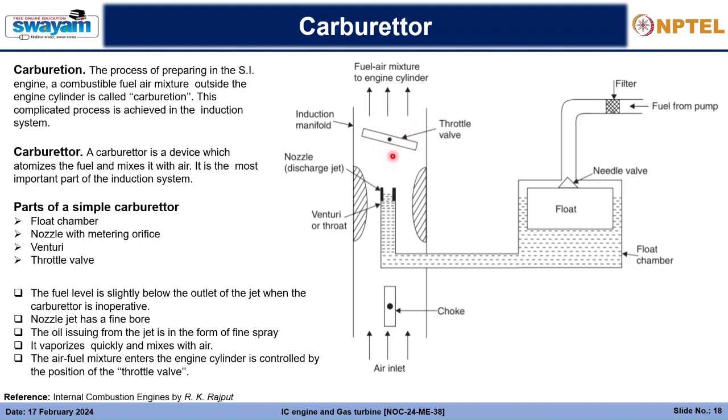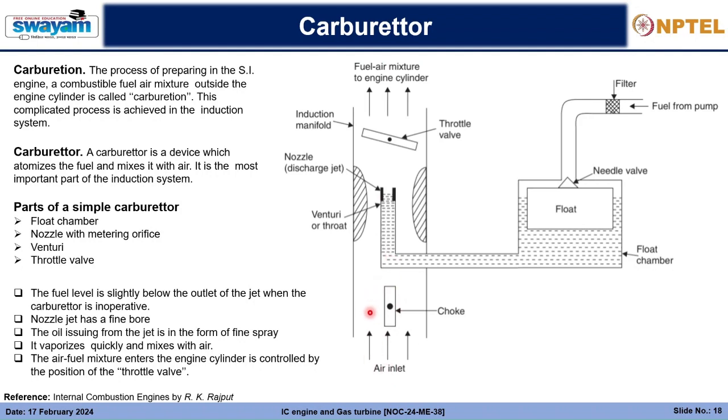When you press it hard, the throttle valve opens up, and the more it opens, the more mass flow rate it allows into the engine cylinder. And from here there is the choke valve, and from the choke valve you have the air inlet.